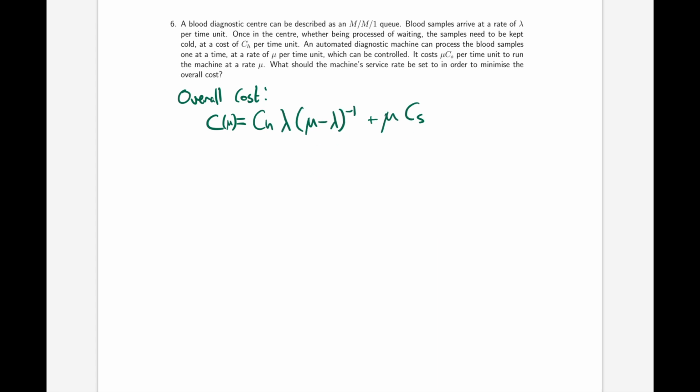So now we would like to minimise this function. Remember, we can find the minimum of a function by setting its derivative equal to 0. So what would dC/dmu be?